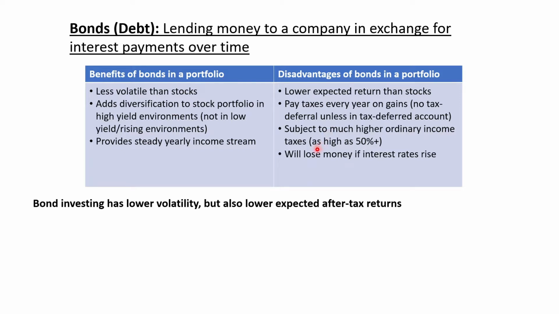And of course, investing in bonds will lose money if interest rates rise. So it's not a guaranteed safe investment. It is subject to losses. And when you combine all these three things, it creates a drag on the portfolio, as we'll be seeing in a second. So just to summarize, bond investing has lower volatility, but also lower expected after-tax returns.